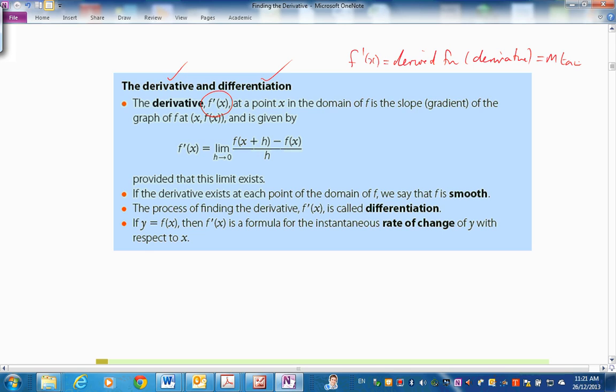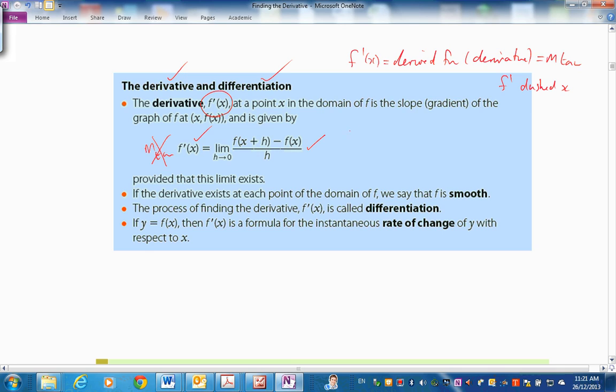Instead of putting m of tan, we're going to call it f dash x. We might just put that with f dash x for f of x. And here is how we did it. We've got to do it that way if they say from first principles.